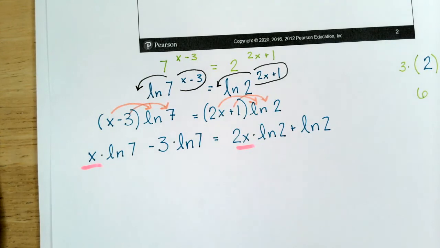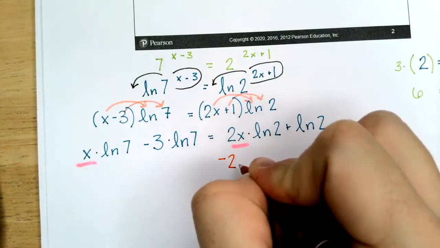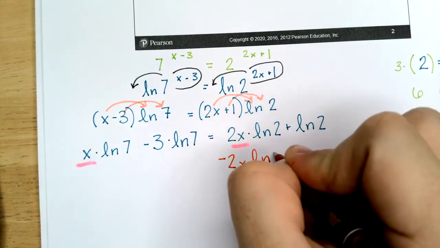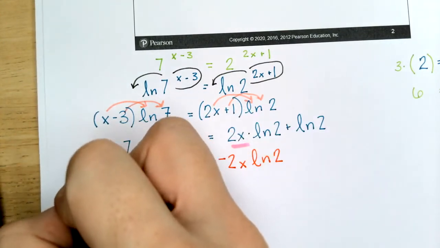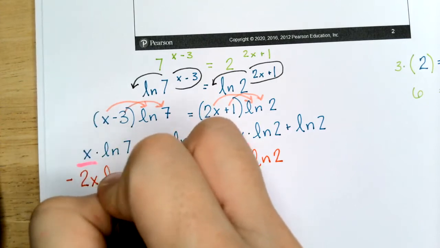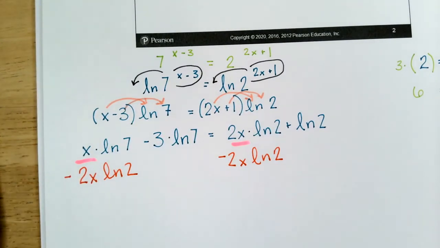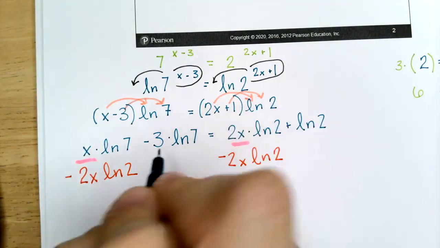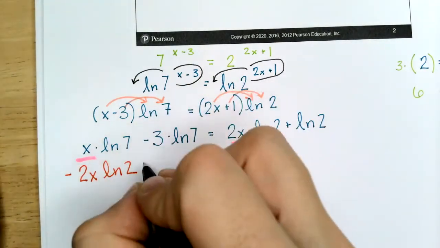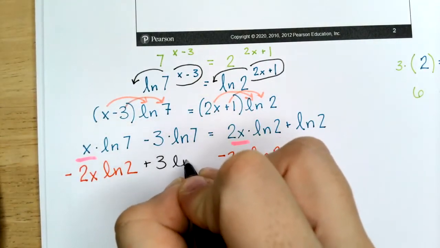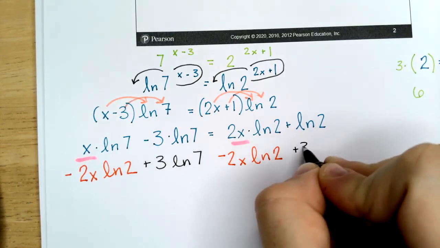Okay? So now I want all my x's on one side. So I'm going to subtract 2x natural log 2 from both sides. And I'm going to move this one over here. So I'm going to add 3 natural log 7 to both sides.